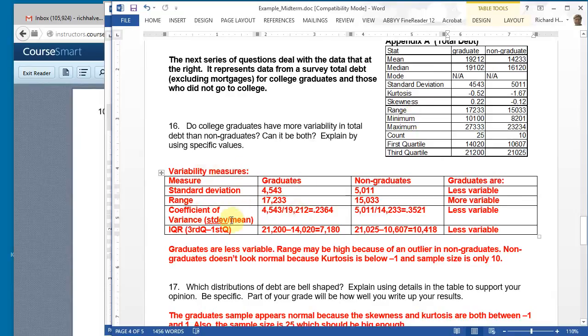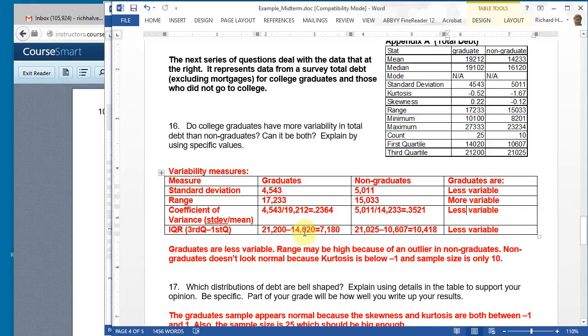We divide the standard deviation by its own mean, and we get a variance value with respect to itself. For graduates that number is 23%, and for non-graduates it's 35%. So non-graduates vary much more with respect to their mean than graduates. So graduates are less variable.